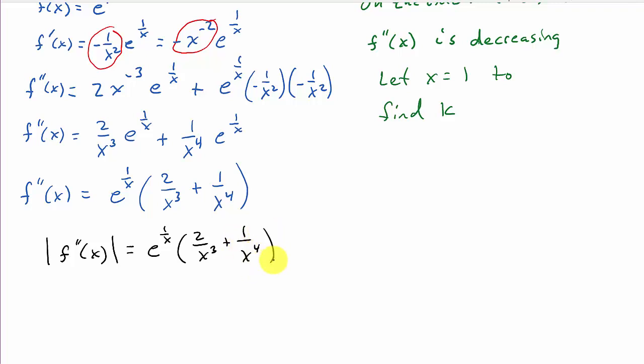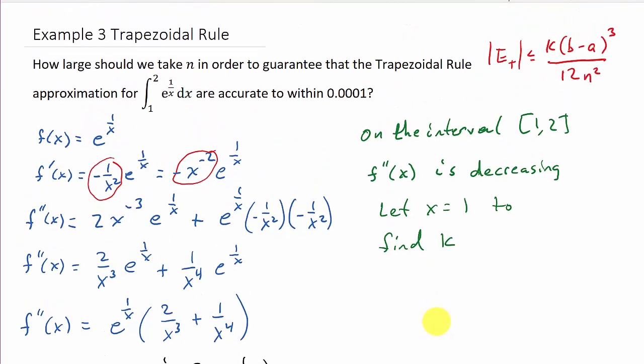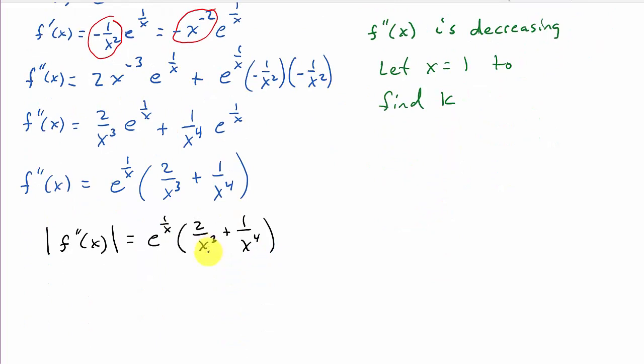Okay, now if you notice here, I did not put absolute values here, did I? Well, I mean, I can, but I don't have to, because what values are x taking on? Well, they're taking on values from 1 to 2. Well, values from 1 to 2, this thing's going to always be positive, so I don't need to worry about the absolute value.